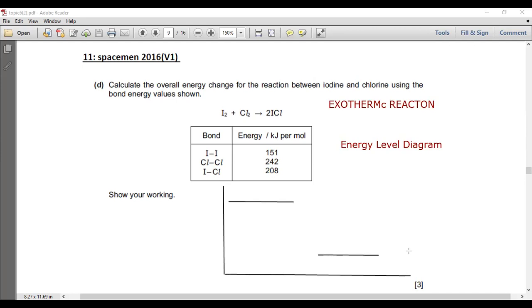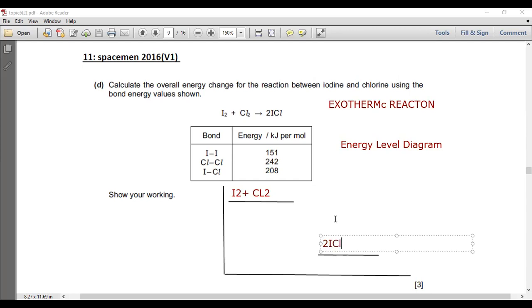Difficult? Exo, we said exo. So what should we write up here? The reactant. Ahmed Ramadan told me I need to write reactant. No, you have to write the reactant itself: I2 plus Cl2. The reactants are up, and down here is the product, 2ICl.